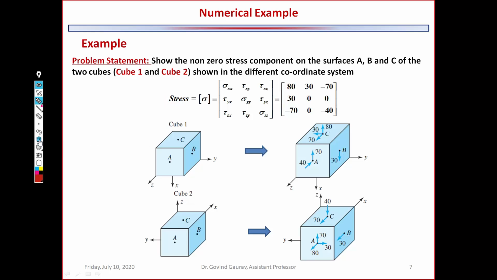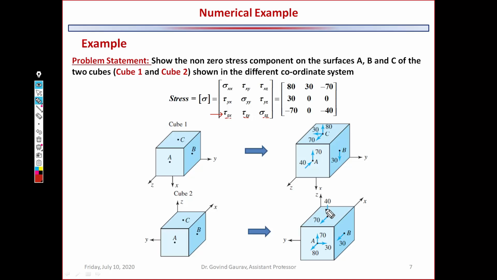The next would be the third row, which represents the forces that are acting on the z plane. So these are the z planes and the various forces that are acting in the different directions: x direction, y direction and z direction.